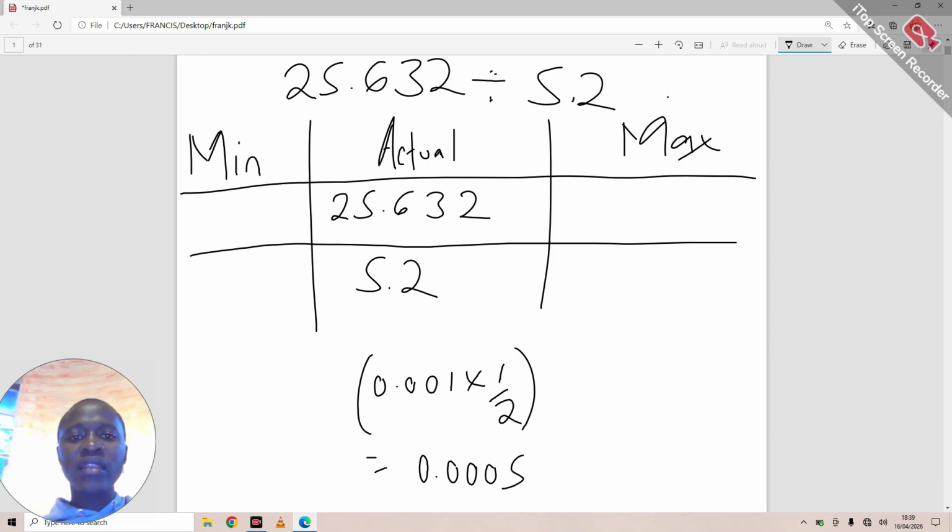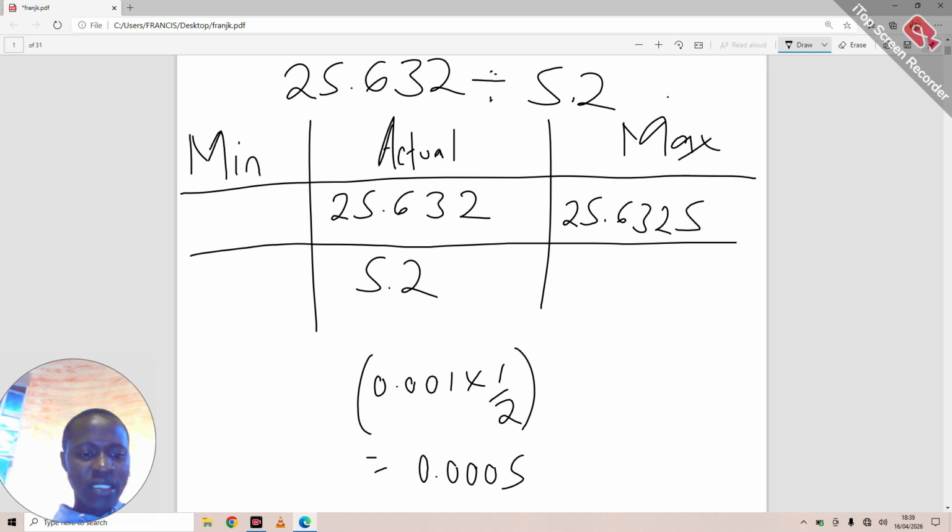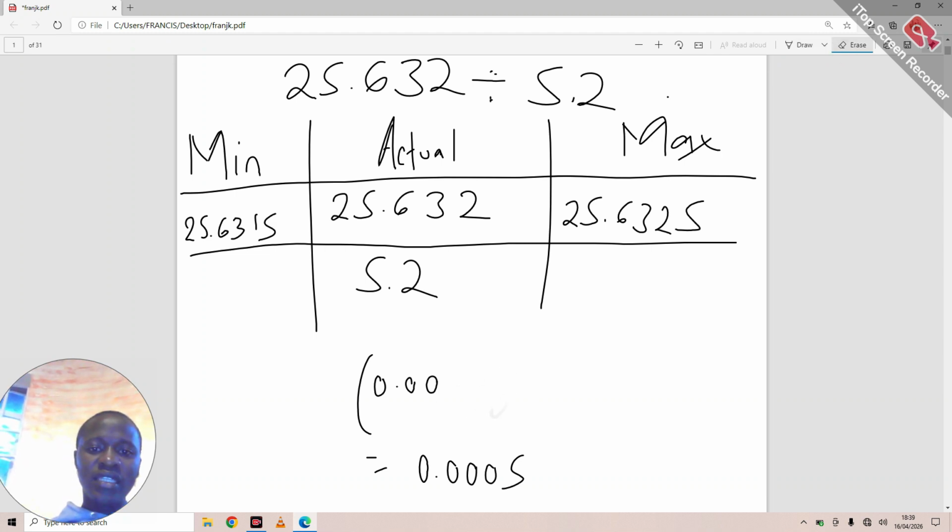So add that 0.0005 to 25.632 to get the maximum, and subtract to get the minimum. So adding that, we shall have 25.6325, and subtracting 0.0005 from 25.632, we shall have 25.6315. That is it, guys.